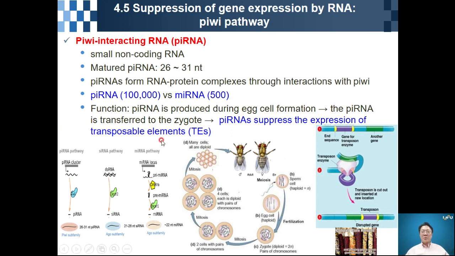Because the transposable element can disrupt genes, piRNA's main function is to protect our genome, because piRNA can suppress the expression of the transposable element.